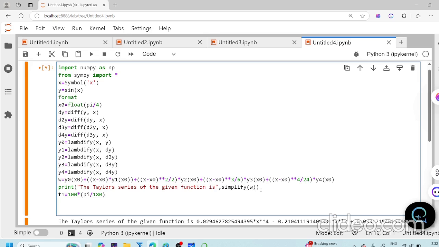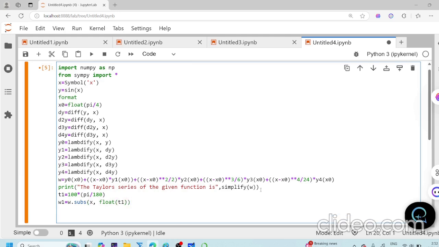Now I'll substitute this value in the expression W. So W1 equal to W dot subs, where you write which variable to substitute, comma, which value to substitute, that is T1. So I'll substitute the float value of T1. The substitution will be done.